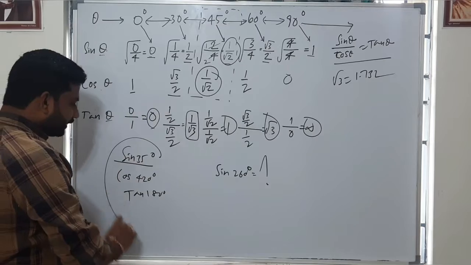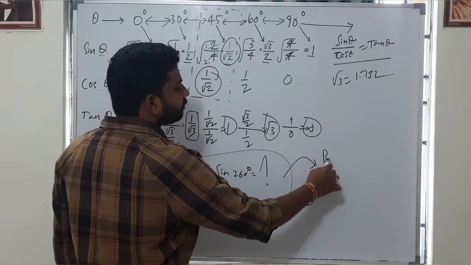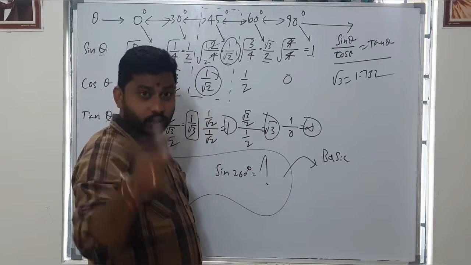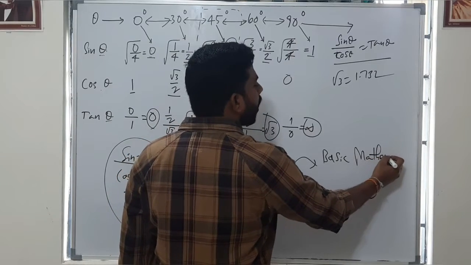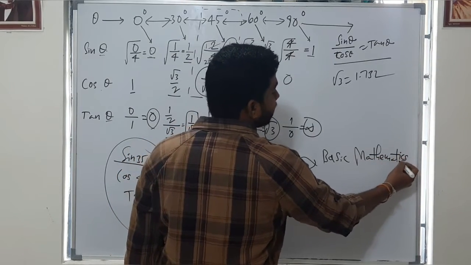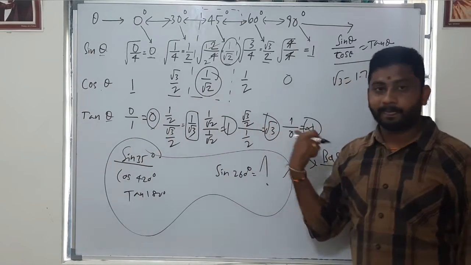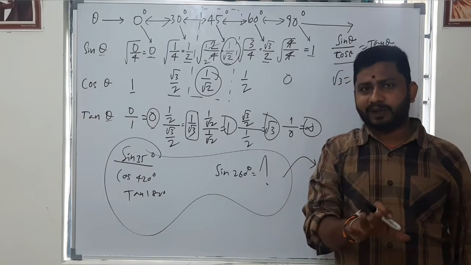And these are the things you will be learning in basic mathematics, while the physics track is going on. So in basic mathematics you will learn all these things. But why do we discuss all this right now? We have not discussed any deeper levels of trigonometry topics.